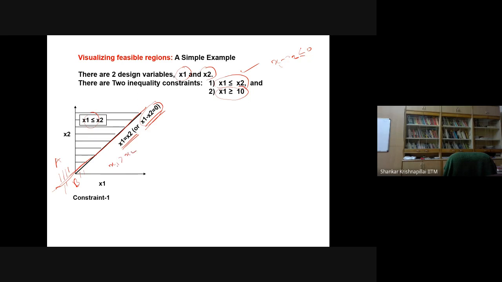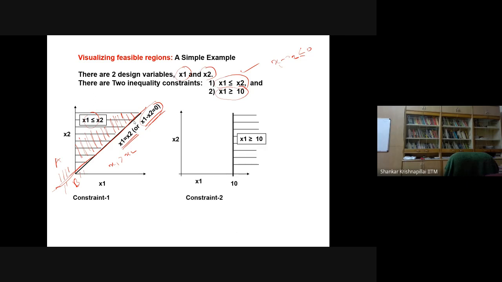So you can find which side is which by sampling one point. We find that this is the side where x1 is less than x2. So this is the feasible region for this particular constraint, x1 less than x2.